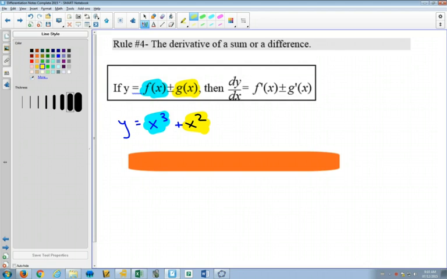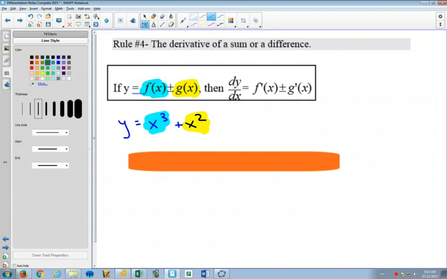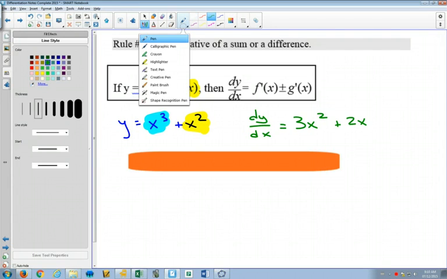What this rule is telling us, we can do the derivative of just the first one on its own, 3x squared, and we can do the derivative of the second one, x squared will be 2x.